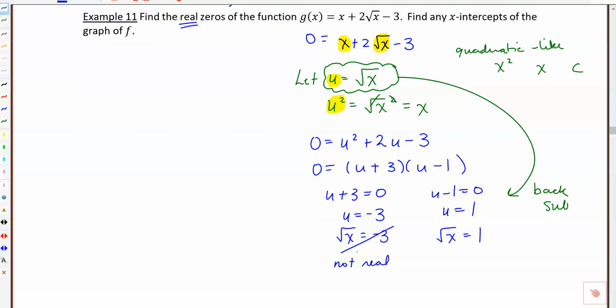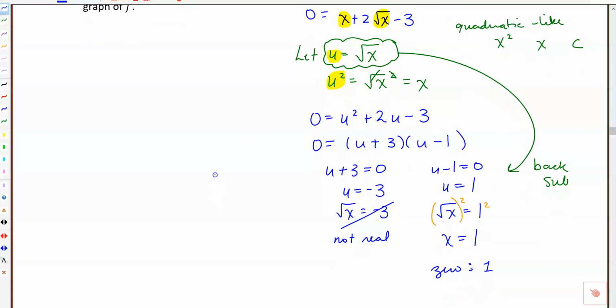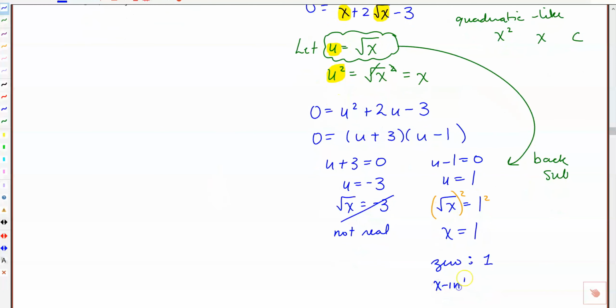But the other side is, so to get rid of that square root, I'm going to square both sides. So I would get x is equal to 1. So at this point in time, then I only have a zero of 1 and an x-intercept of 1. Or if you want to write that as an ordered pair, 1, 0. So this problem then only had one real zero.